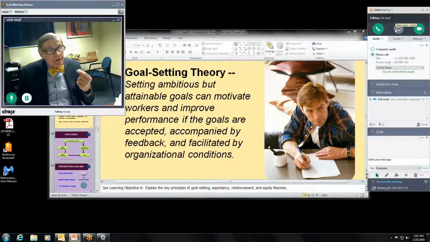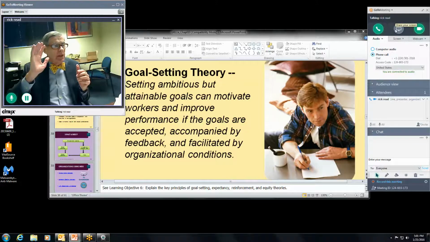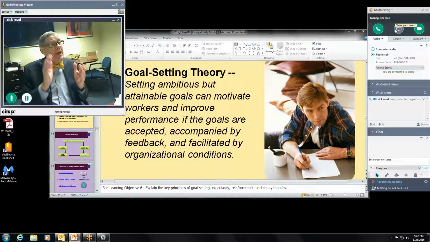Not only is it ambitious, but it's attainable. Now, why is that important? It's important because the employee needs to see that here is a goal that we want to achieve, and yes, it's ambitious, and yes, it's attainable.